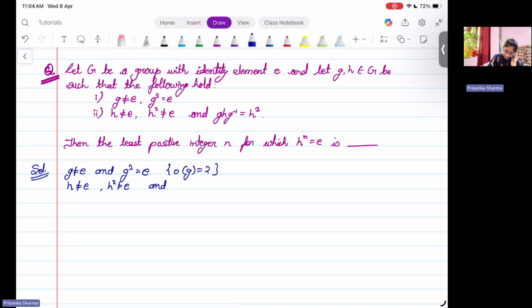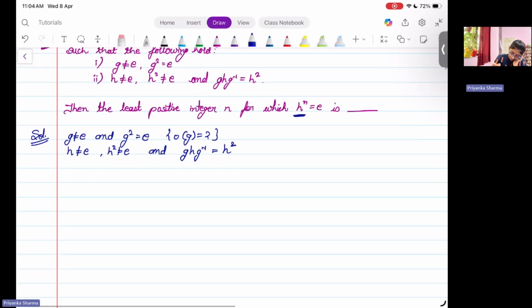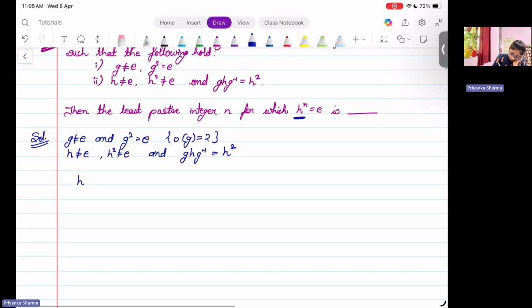And we have another condition that G inverse is H square. So we need to find the order of H. So what if we calculate this? We have H square is G inverse.